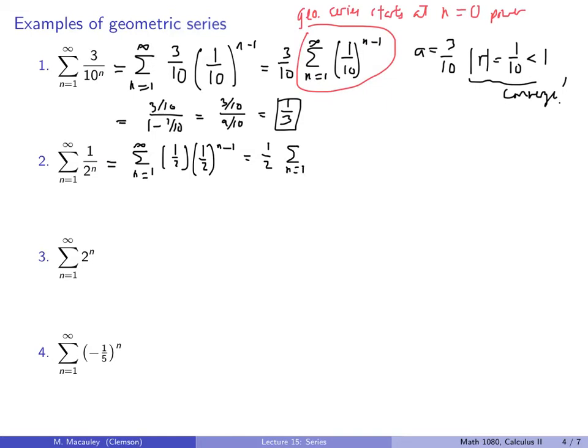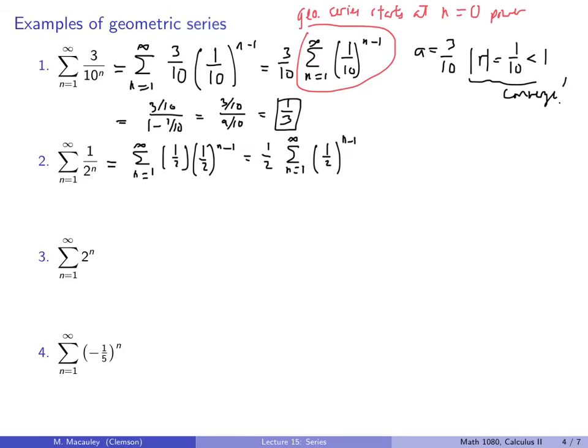N equals 1 up to infinity. So this thing that I started with, you can think of it as the series that starts at 0, missing its first term, or you can think of it as the plain old geometric series that starts at 0 multiplied by 1/2.